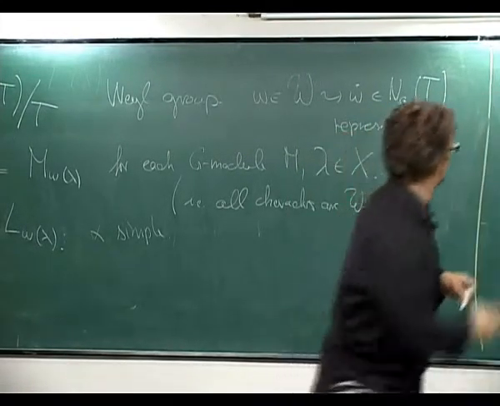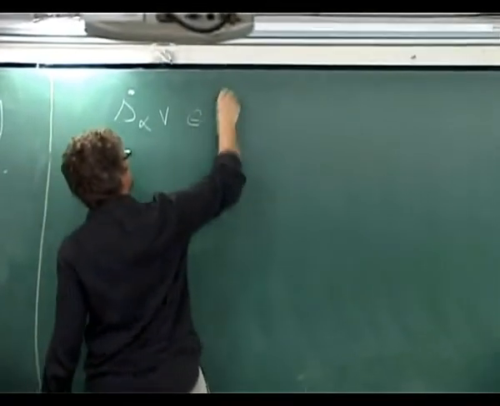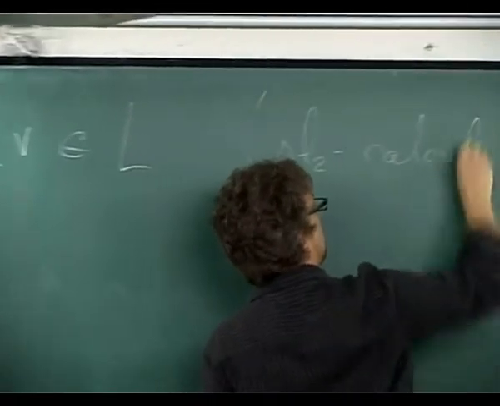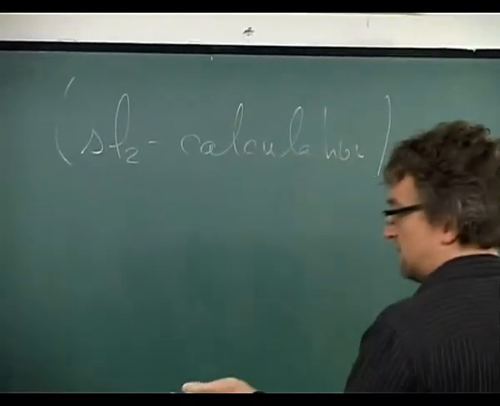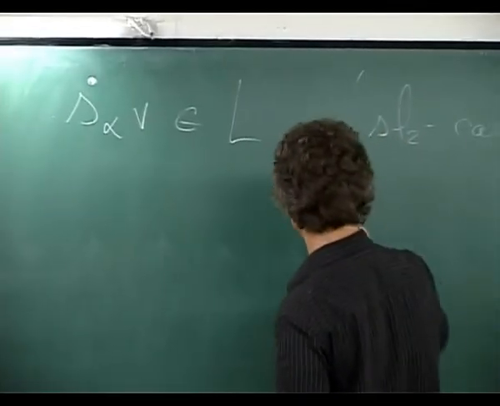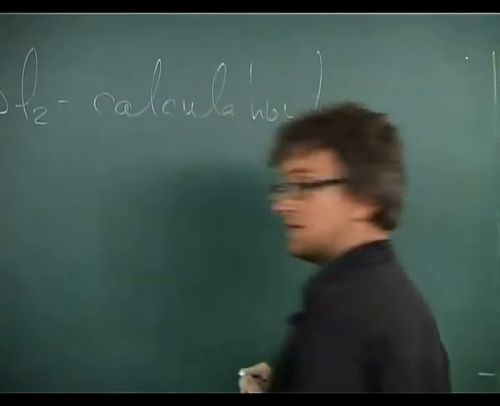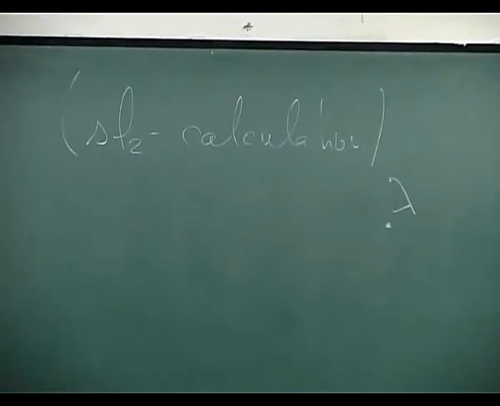Then alpha dot V is in L, and this is an SL2 calculation. And now our assumption that lambda is restricted comes into place because V is of weight lambda.